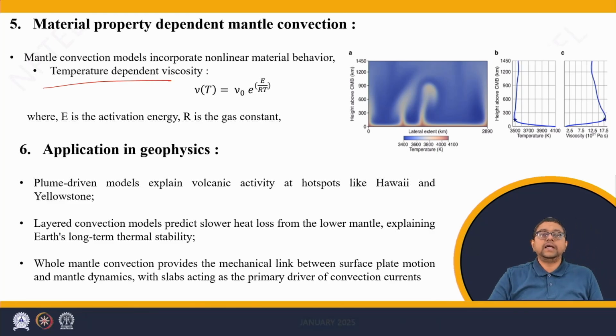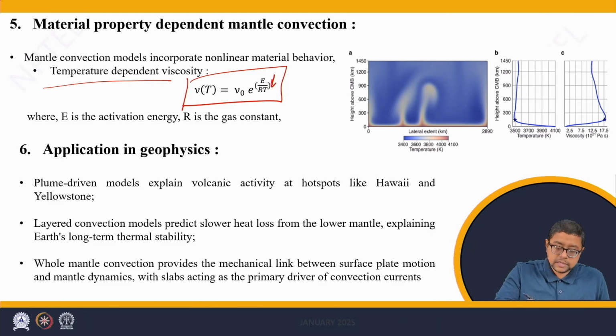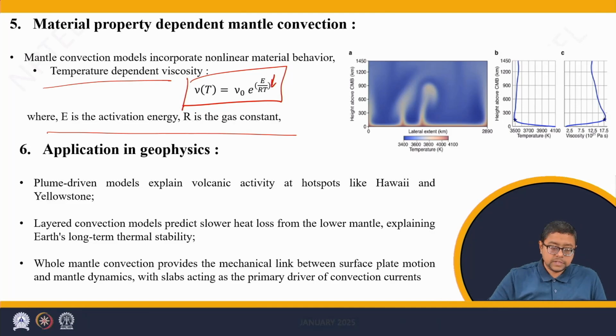The viscosity in the mantle is also dependent on temperature, given by nu as a function of temperature equals nu 0 e to the power E by RT, where E is the activation energy and R is the gas constant. Now, depending upon high and low temperature regions, mantle convection experiences higher or lower viscous resistivity.